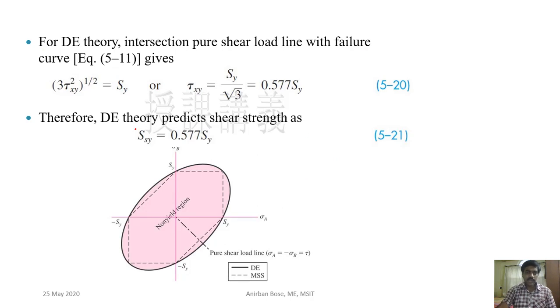Then you will get the shear strength Ssy as 0.577 of the yield strength. So for maximum shear stress it is 0.5 Sy, and for distortion energy it is 0.577 Sy.